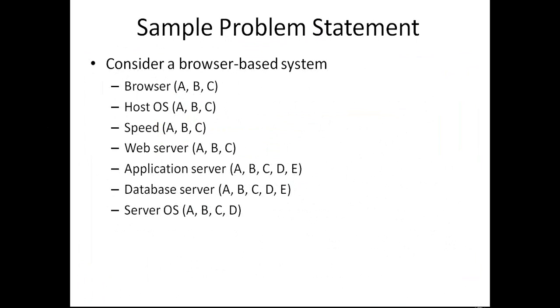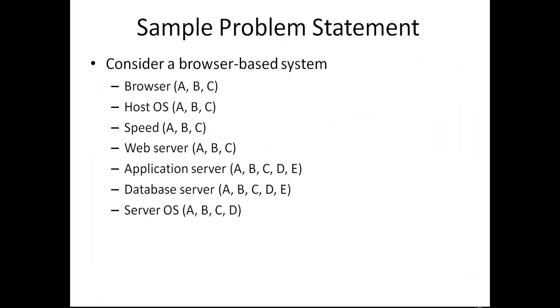Database servers may be different, like Oracle, DB2, Microsoft SQL Server, MySQL. There could be different database servers that we want to host or run or configure our software on, and we want to test on all of them. And the server OS on which the application code is running can be Linux, different flavors of Unix, or the Windows platform as well.